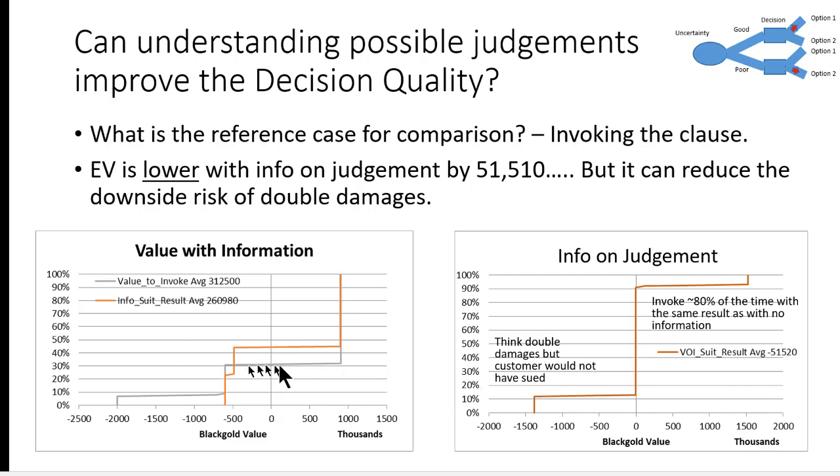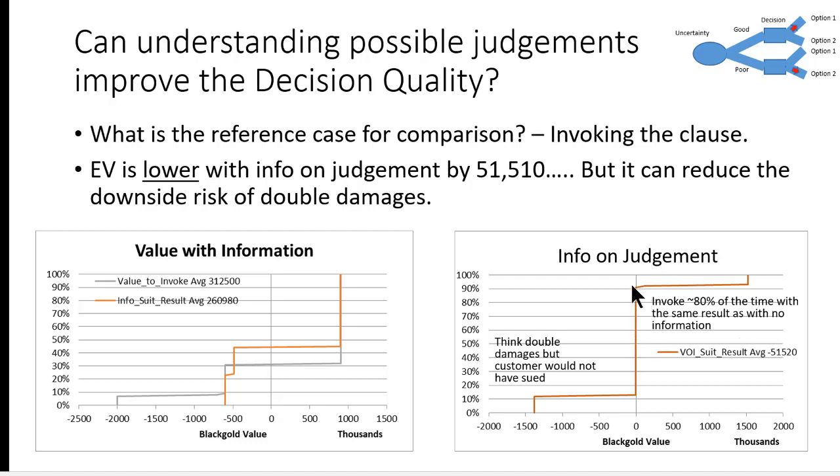The difference between these two curves can be calculated using the simulation, and we can see that a lot of the times we are invoking. Same case as our reference case. That's why it's a zero delta. Actually, this is a little bit negative by the cost of gathering the information.